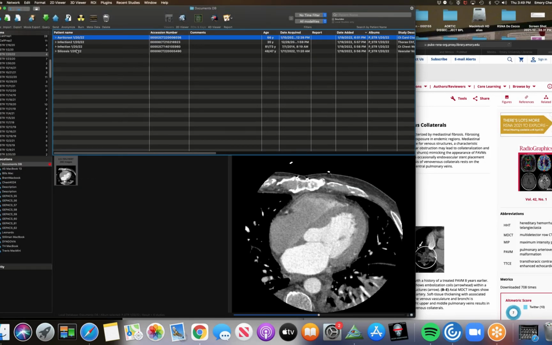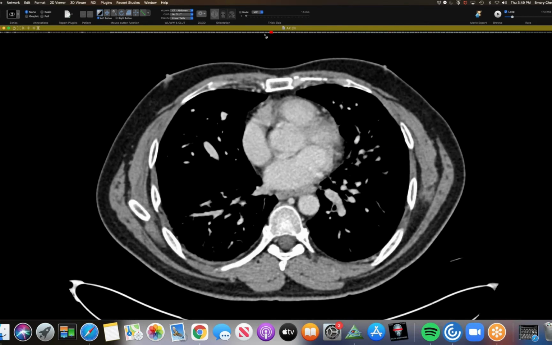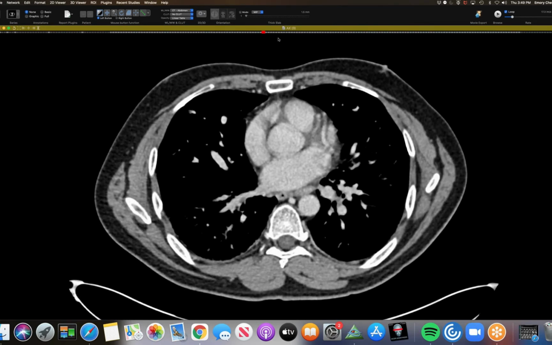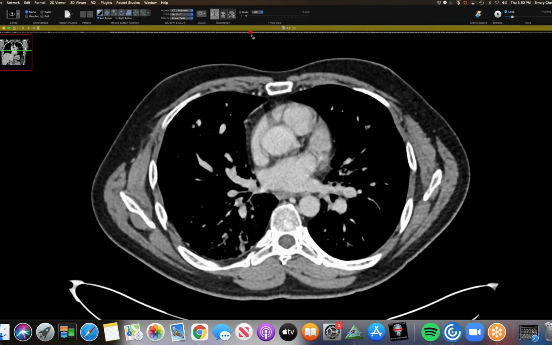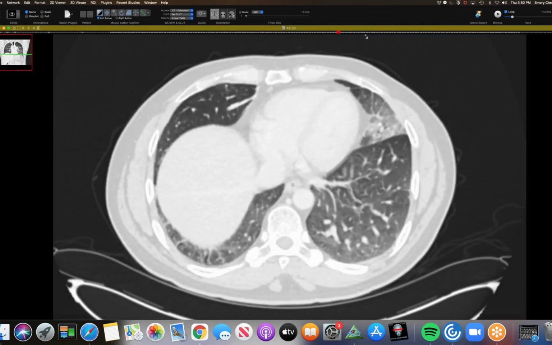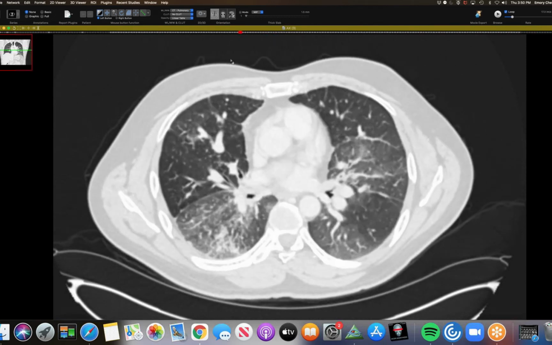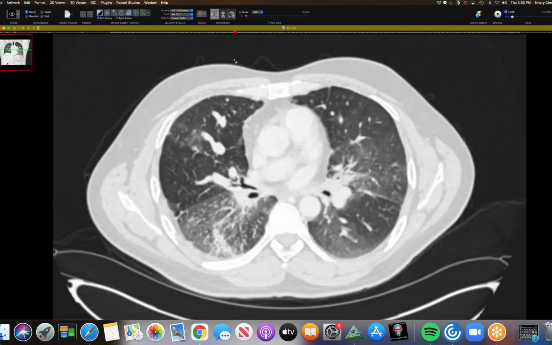And one last one is this one. This one was interesting, and I haven't seen something exactly like this. I'll show the CT and give some history. So here's his imaging. He is a middle-aged patient in his 40s.